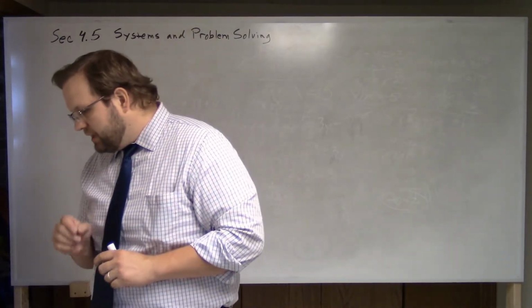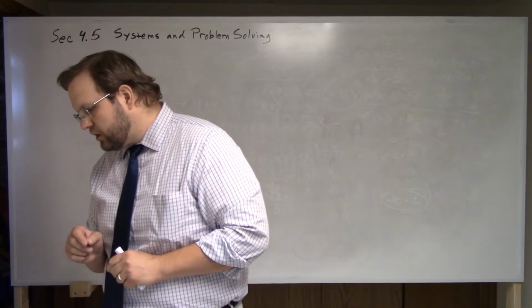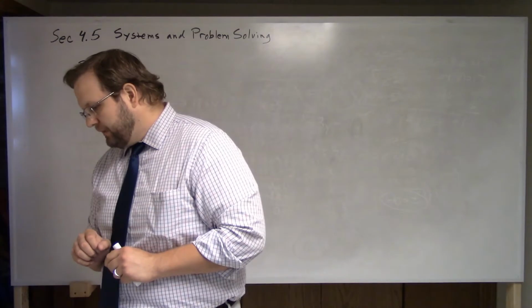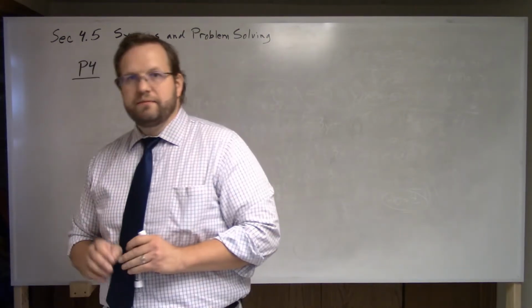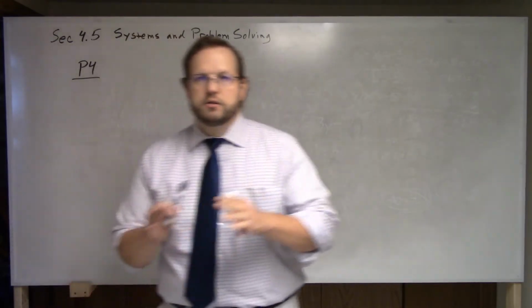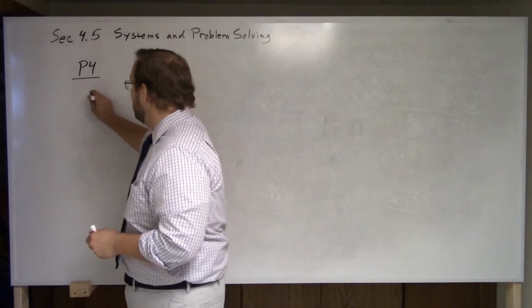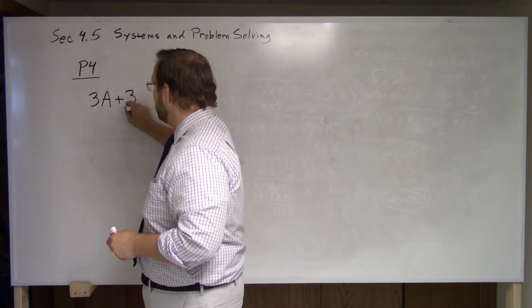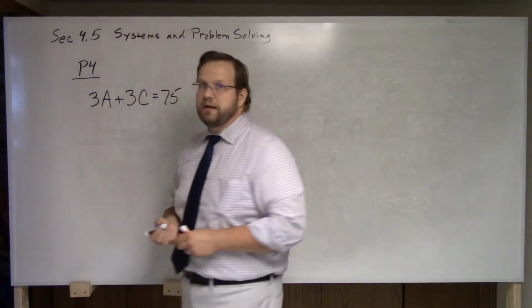Then it says, admission for one of these games for 3 adults and 3 children under 14 is $75. I'm going to simplify that a little bit. Okay? 3 adults, 3 kids, $75. So we've got 3 A plus 3 C equals $75.